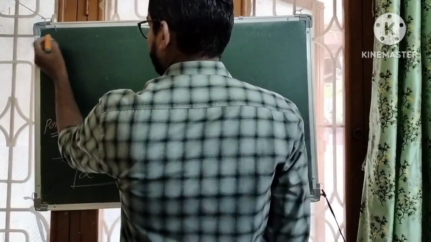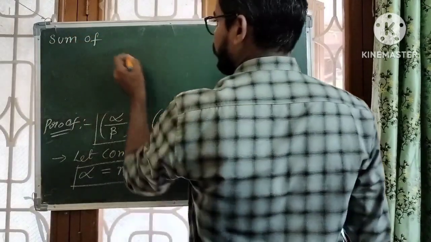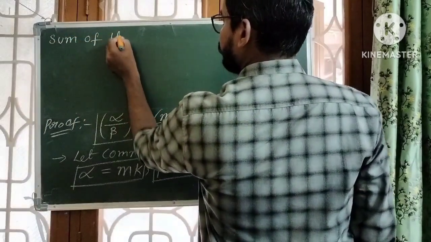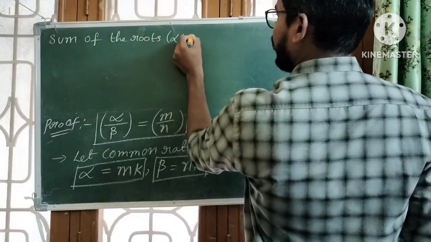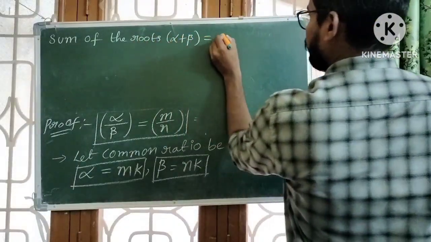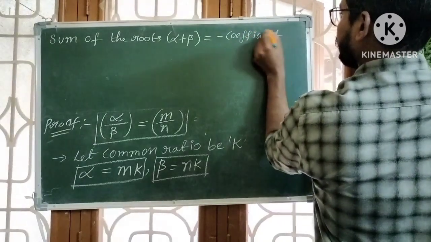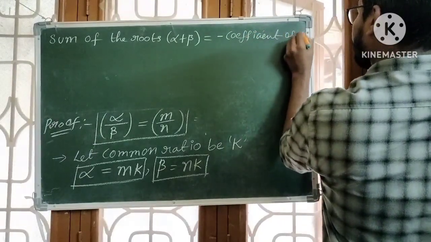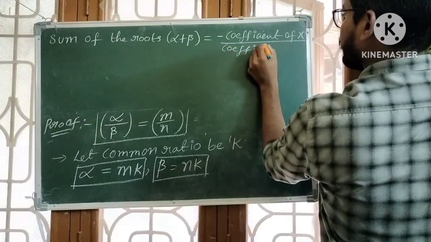So in case of quadratic equations, what is the formula for the sum of the roots? Sum of the roots, alpha plus beta, is equal to minus coefficient of x by coefficient of x square.